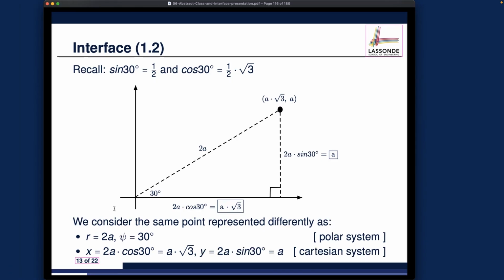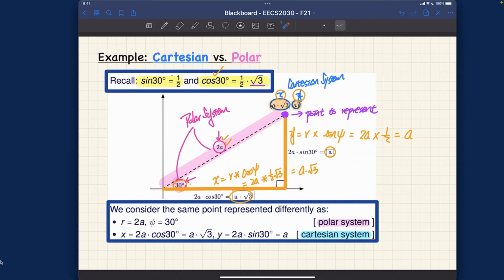Now, given that we know about this example, one more thing to say. The real value of this setup is that I simply say 2a. So what is a? A can be any integer or double, any numerical value.